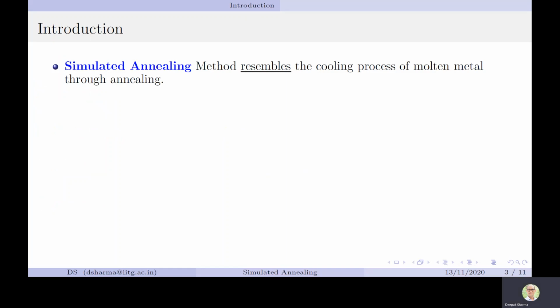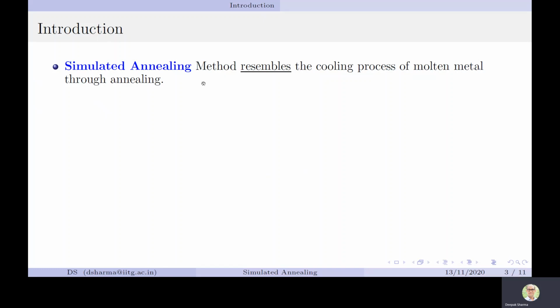The simulated annealing method resembles the cooling process of molten metal through annealing. Those who are from a mechanical engineering background have already understood this process of annealing. It says that we are cooling our molten metal.